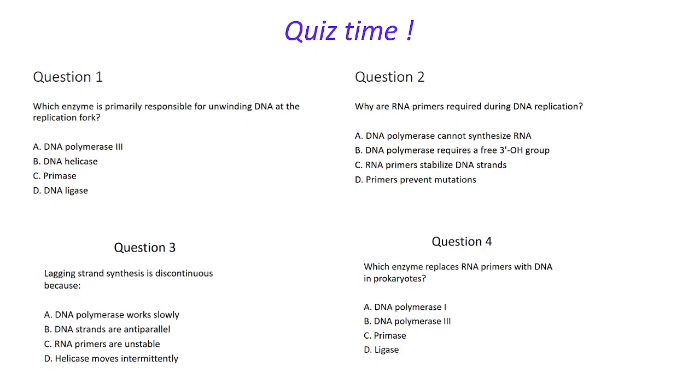Which enzyme replaces RNA primers with DNA in prokaryotes? Yes, DNA polymerase, it is responsible for the removal of the RNA primers using its 5' to 3' exonuclease activity.